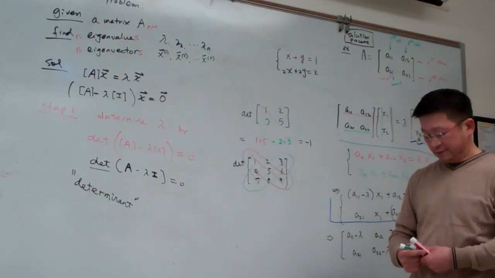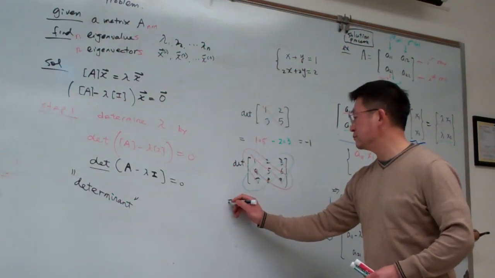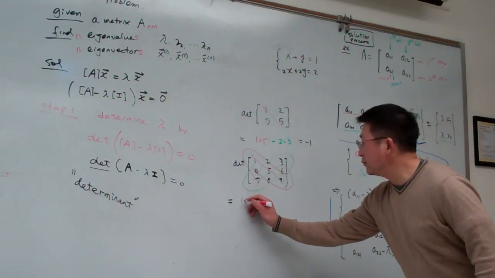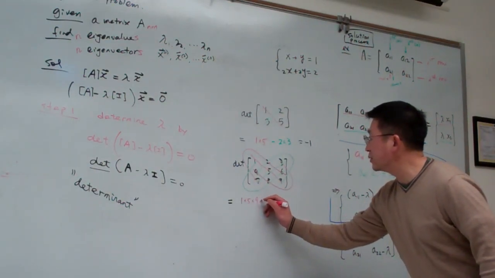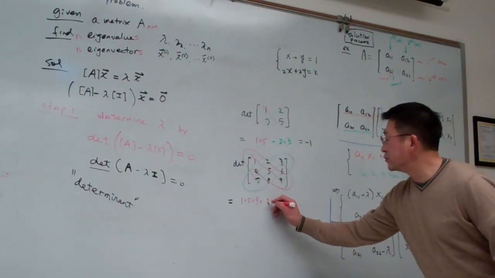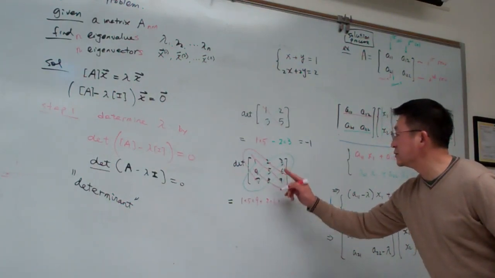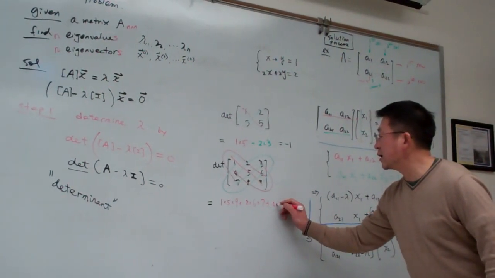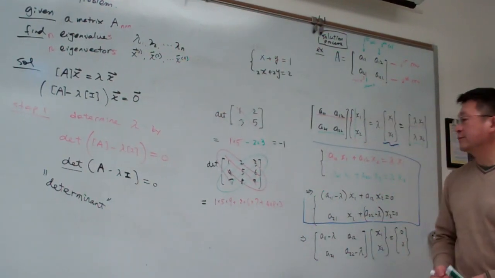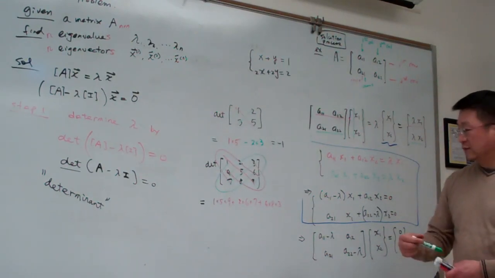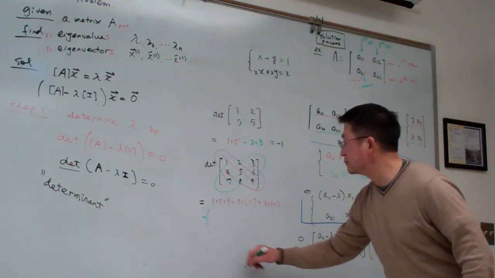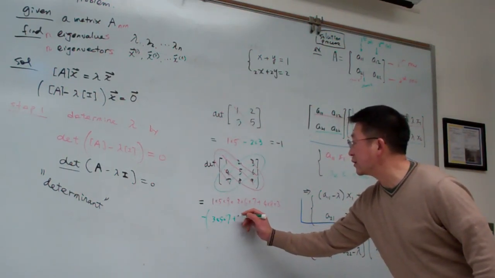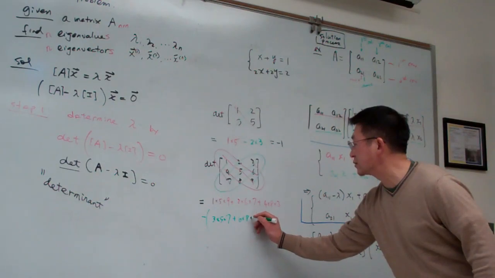Let me write it out. So that will be 1 times 5 times 9 plus 2 times 6 times 7 plus 4 times 8 times 3. Okay? Minus 3 times 5 times 7 plus 6 times 8.